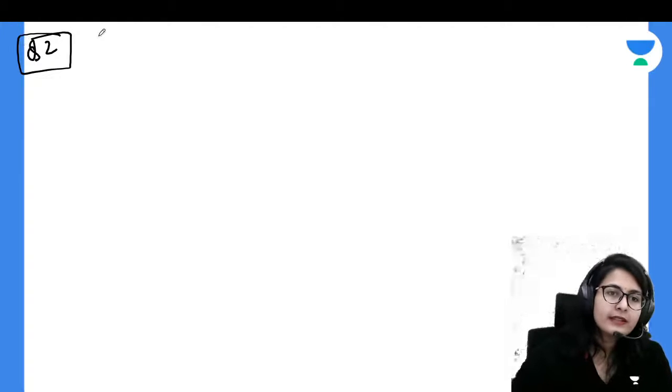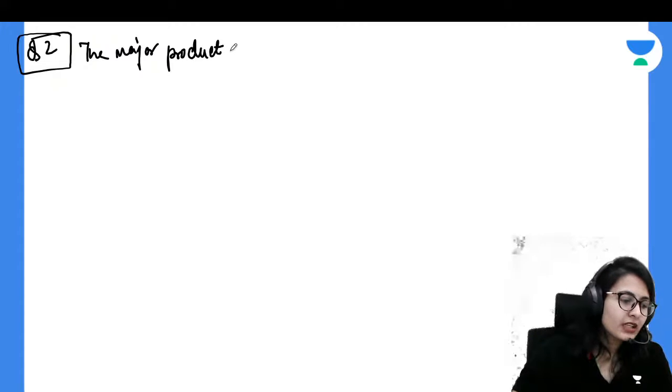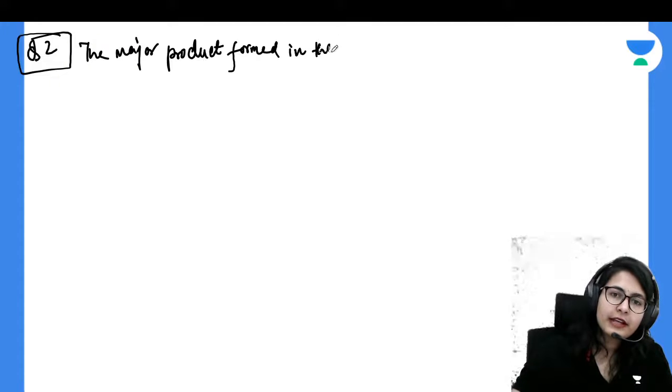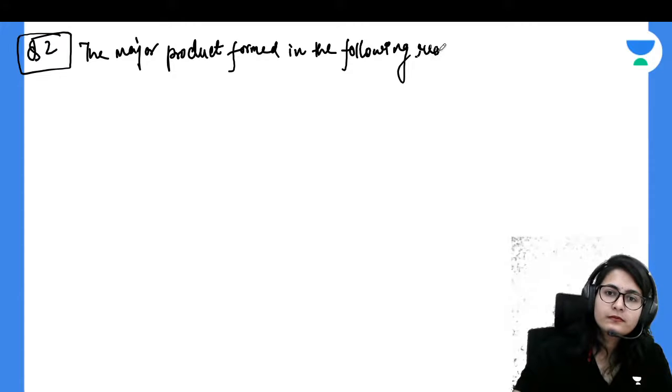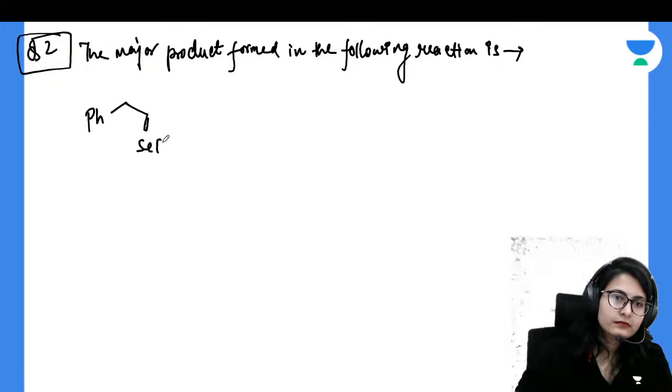Okay, once again, same type of question. The major product formed in the following reaction is, you have one hydrogen above and the deuterium is below.